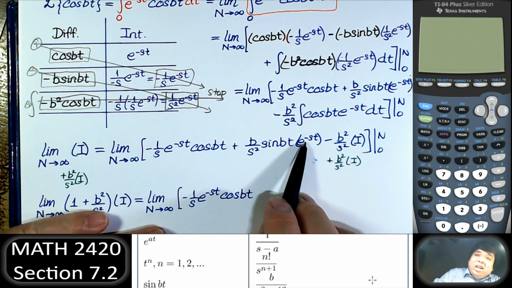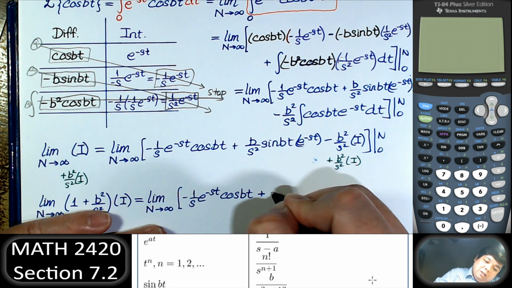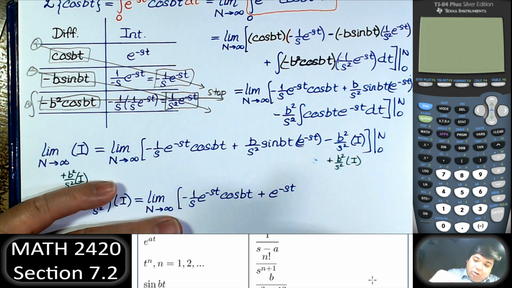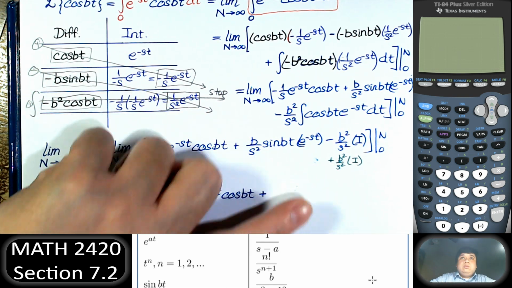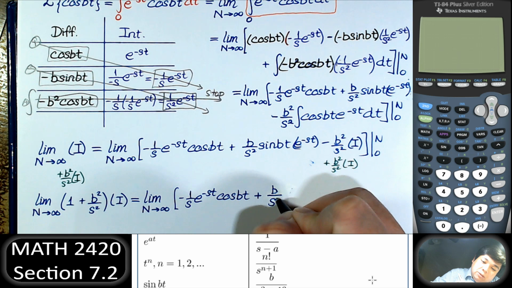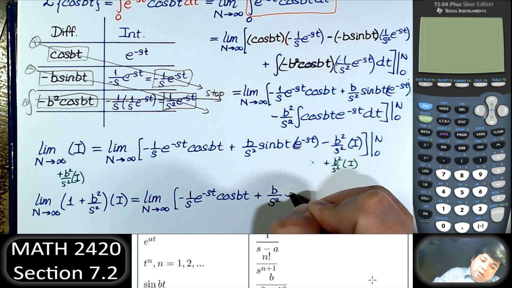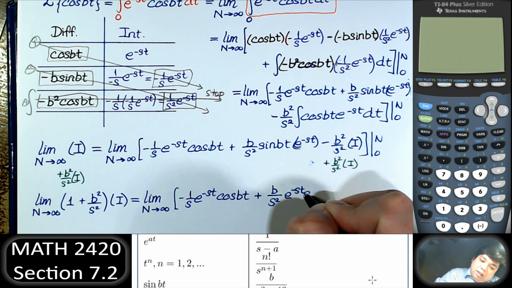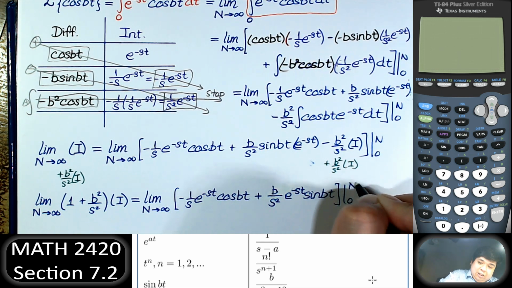Let's write the e to negative st in front. But we still have b over s squared, and then e to the negative st sine bt, going from 0 to n.